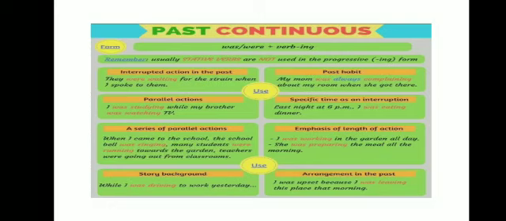In negative what will we do? We will use subject plus was not, were not, plus first form of verb plus ing and then the object. Same with interrogative. We will put was and were in front of the sentence, then subject, then first form of verb plus ing and then the object.